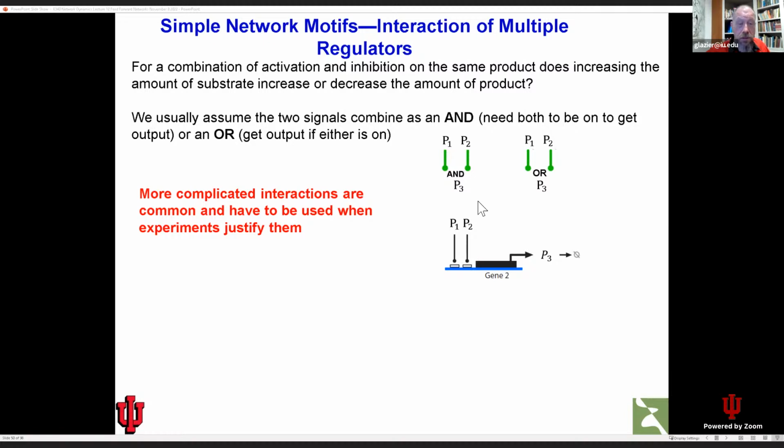That may be one of these questions that's too simple. It means that both are needed to activate P3. And if I have P1 or P2 activating P3? Just one or the other. One or the other, okay. As a statement, that's clear. Mathematically, I have to think about what functional form of rate law would give me that.